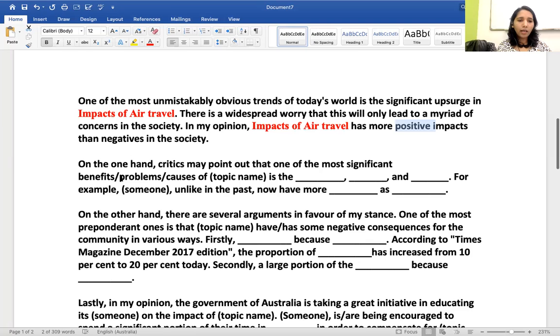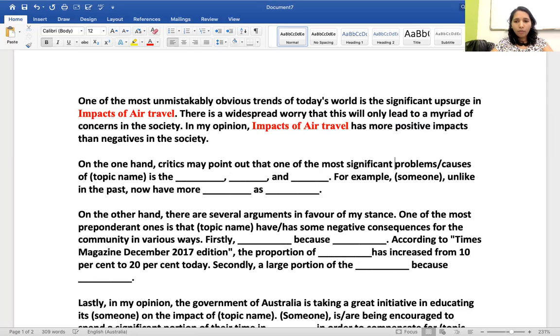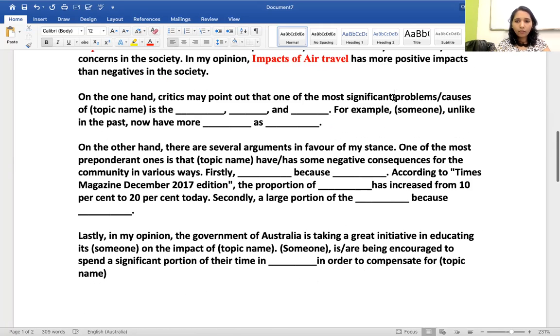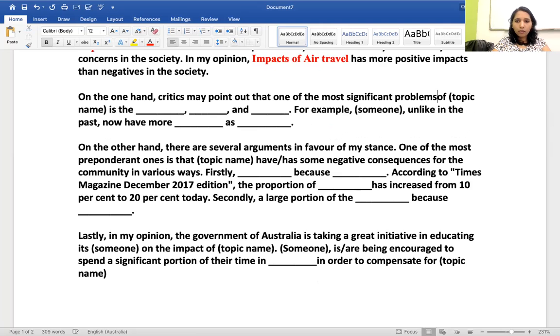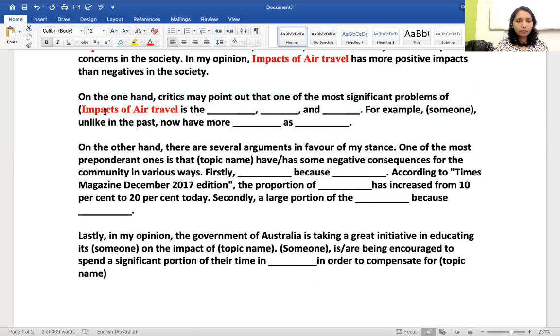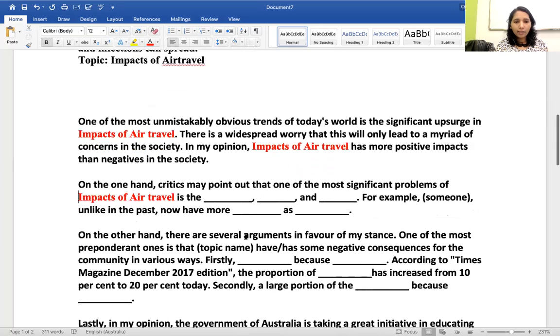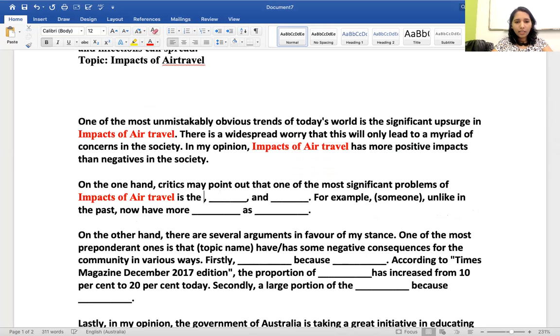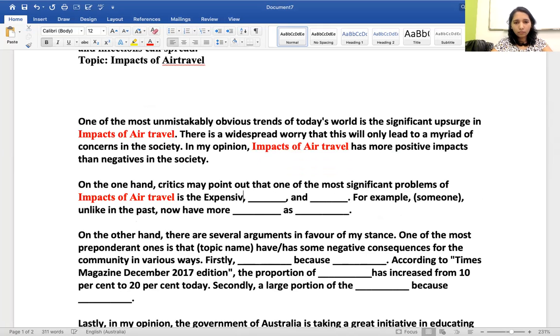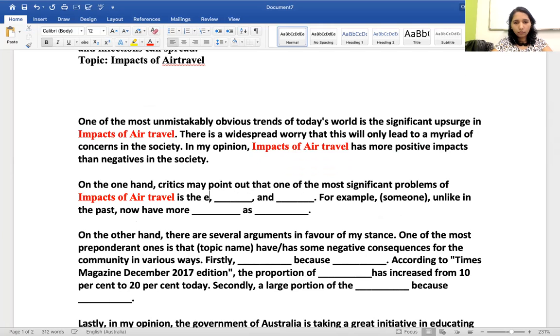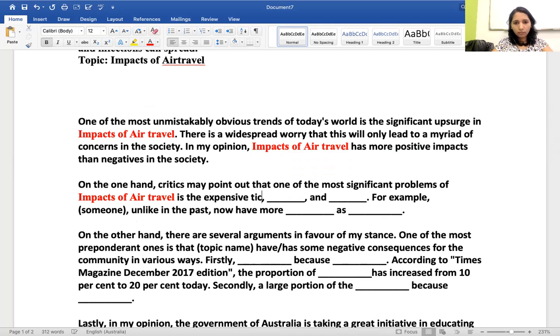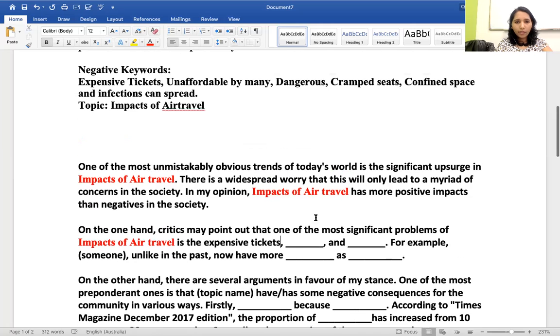So he would say, on the one hand, critics may point out that one of the most significant, you would say, problems of, you would put in your topic name, is, so one of the most significant problems of the impact of air travel is, so what are your negative keywords, is the expensive tickets, and then what's your next keyword?